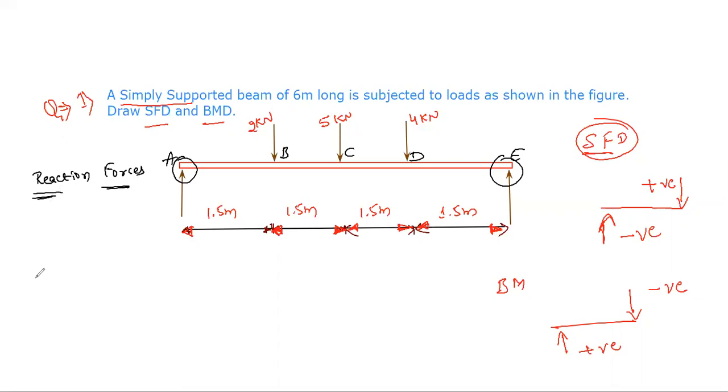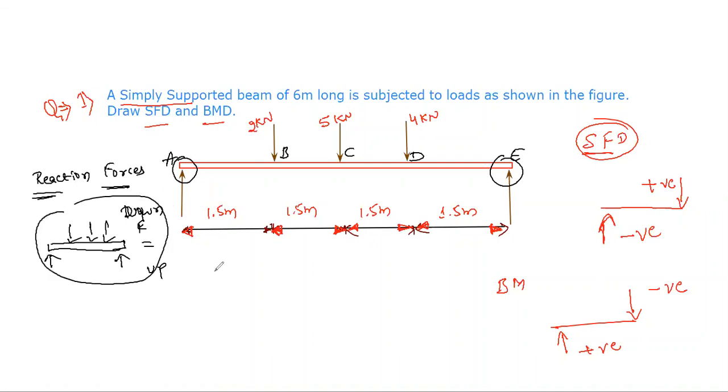To determine the reaction forces, we should know that the beam should be in an equilibrium condition. When will it be in equilibrium? When the downward forces are equal to the upward forces, only then will the beam be in equilibrium.